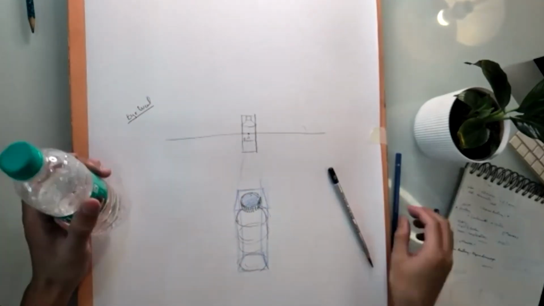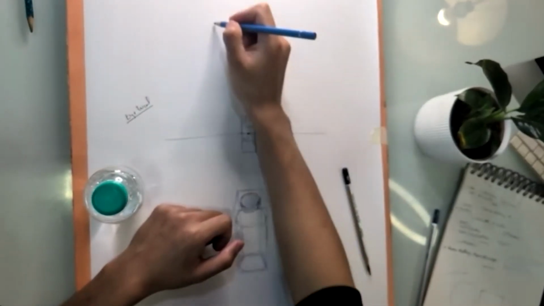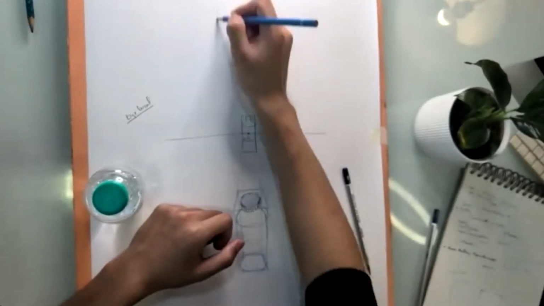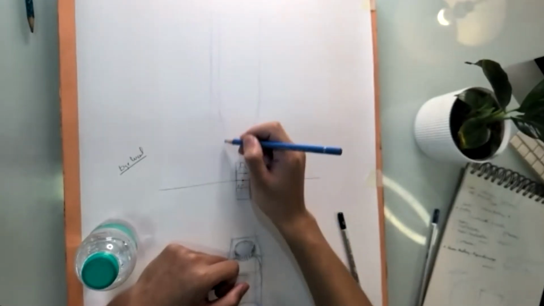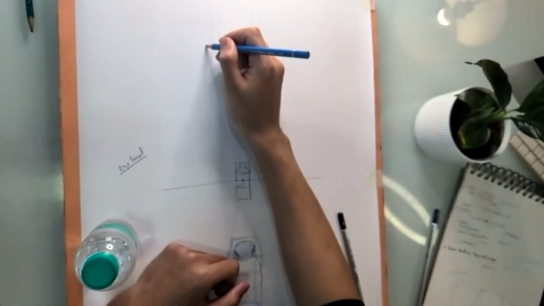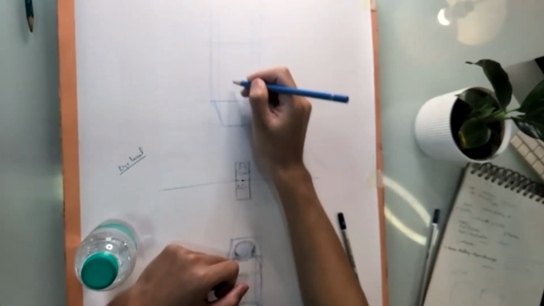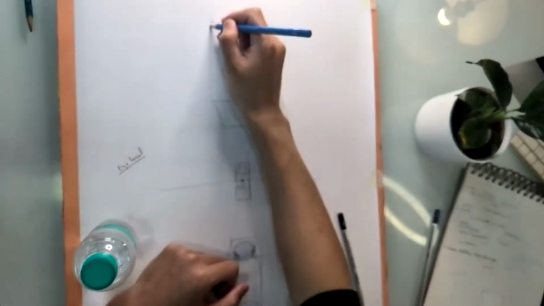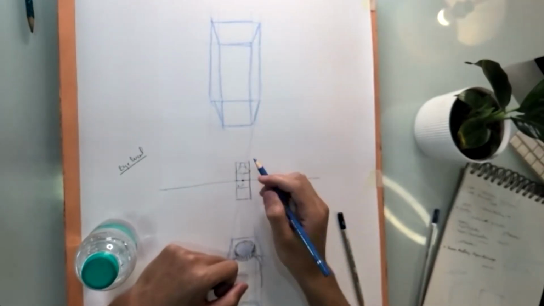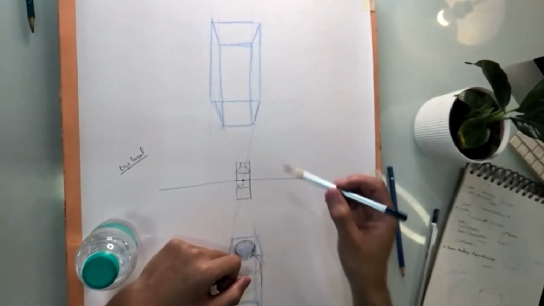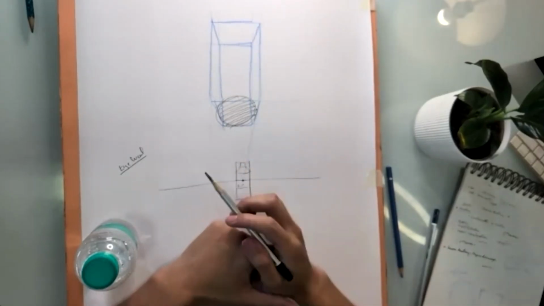Now on paper, how would it look? Right? So here, we will be able to see the base of it.